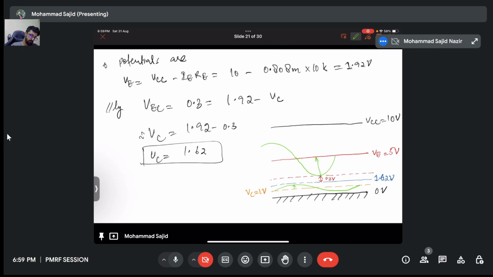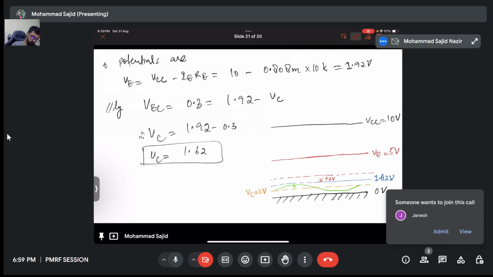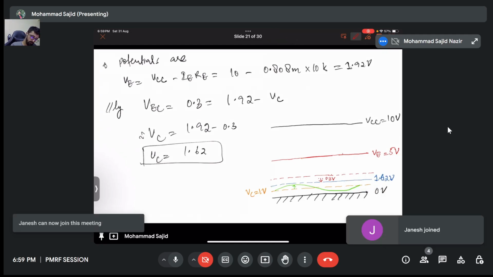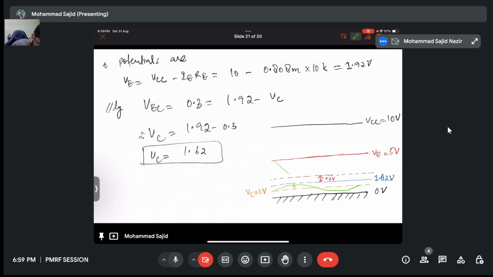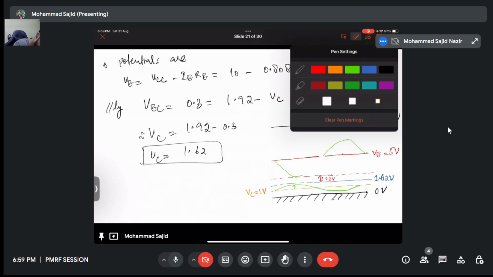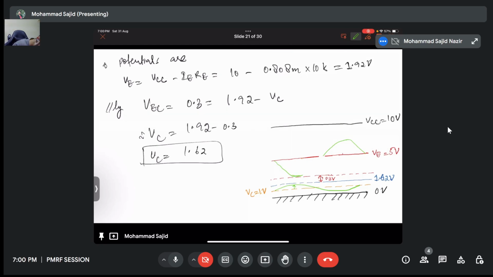So how much is this? Sorry, this is like this, and this is at this peak. So this is how your waveform will look like.